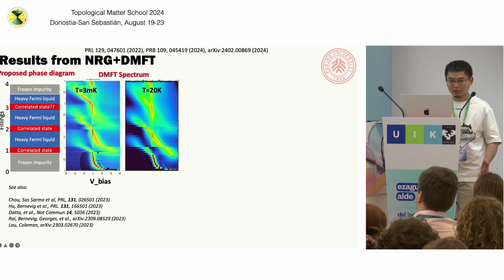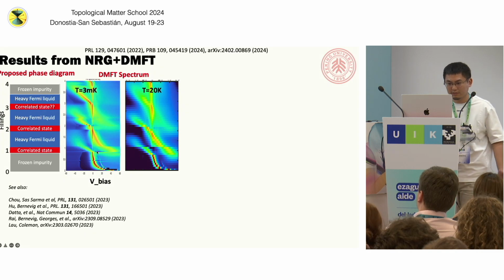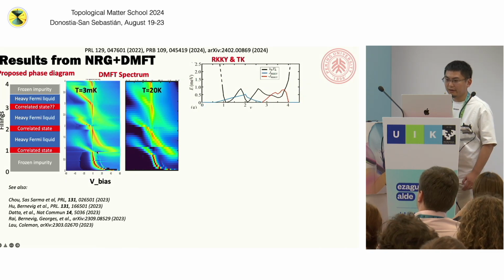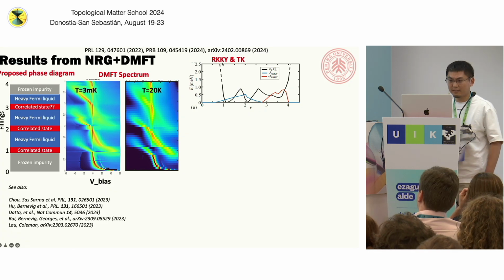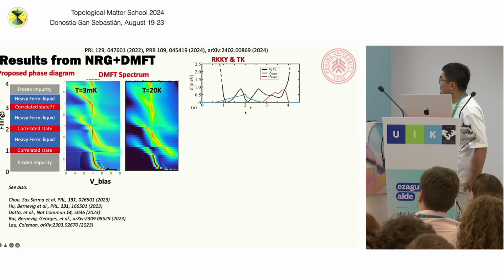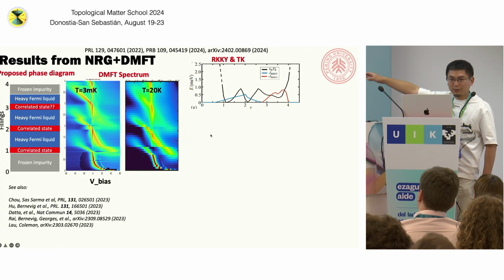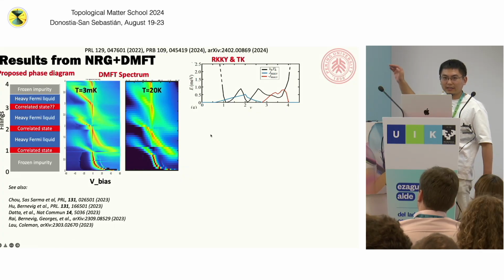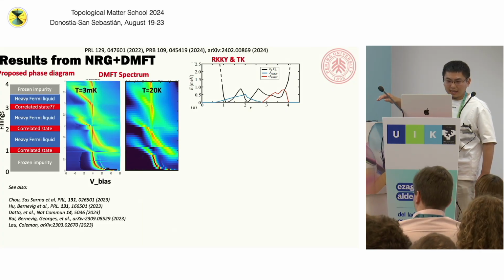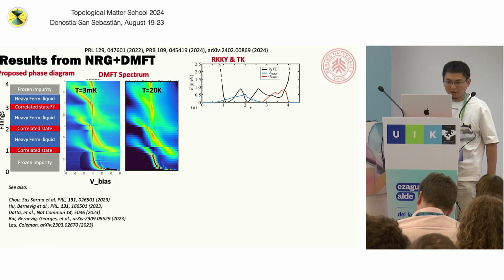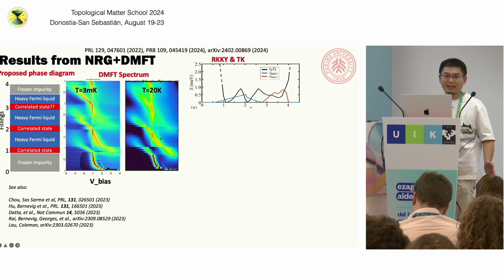That means the correlated insulator must win at the integer fillings. We can compare the energy scales of the obtained Kondo temperature and RKKY, and we can see that RKKY always wins at the integer fillings. Actually, when we did this calculation, we had not included the electron-phonon coupling. And it turns out that all these Kondo temperatures are overestimated.